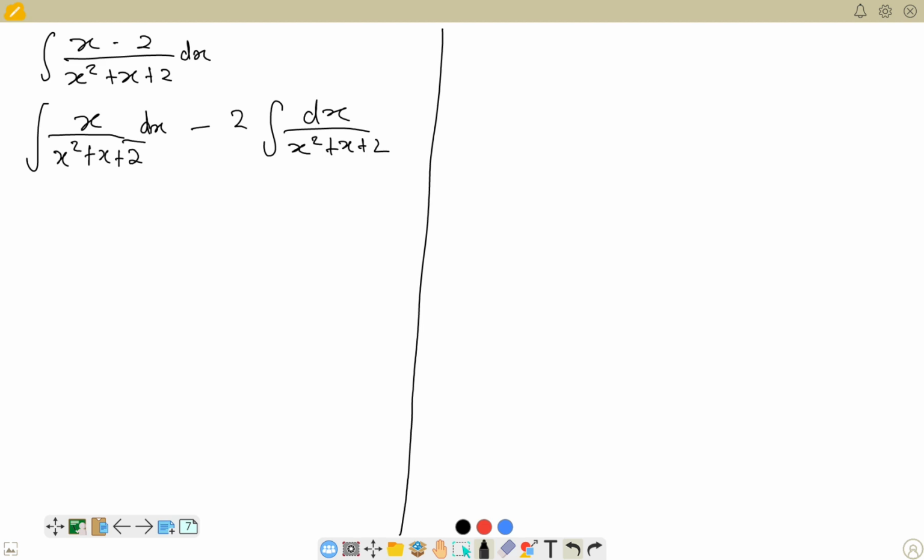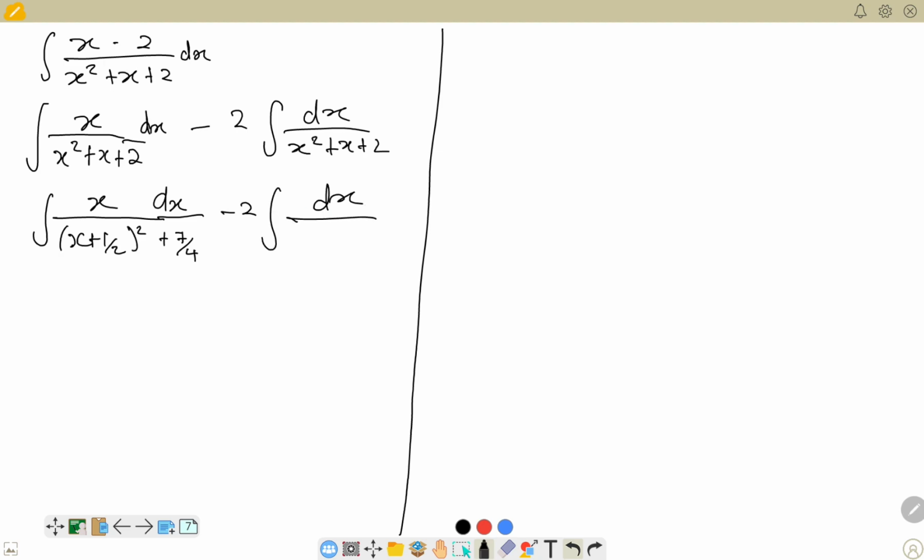Then from here, we can complete the square. We have already completed the square on the denominator. So we found that it was x plus 1 over 2 squared plus 7 over 4. Then let's have dx here. We complete the square on both sides now.